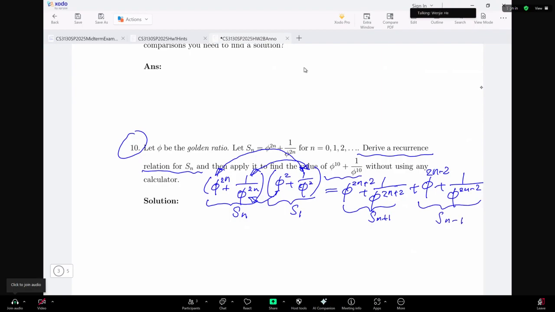Now you get Sn times S1 equals Sn plus 1 plus Sn minus 1. Is it close to the recursive formula? Recursive, because we need to write the one with the largest subscript.